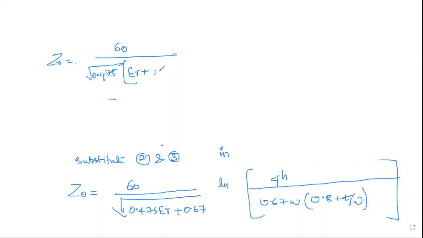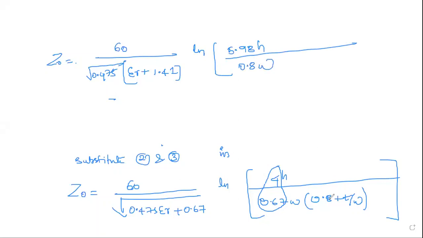So this will be 1.41, and you have to simplify this also. So in the ln, how do you simplify this now? You can divide 4 by 0.67. How much are you getting? 5.97 or 5.98 divided by h into 0.8 w. We'll multiply this w inside, plus you have t.